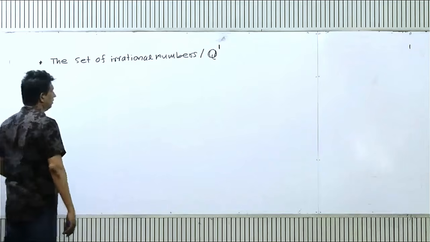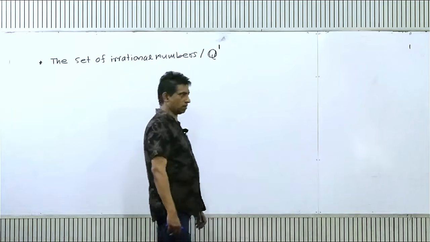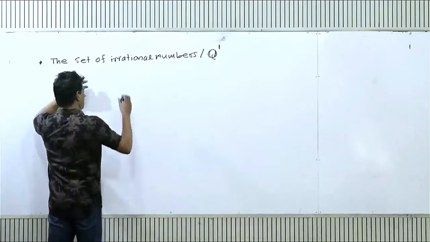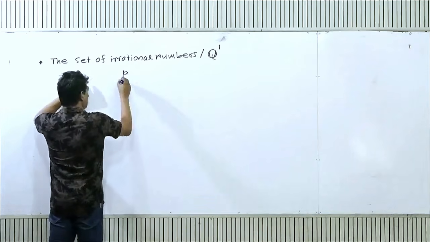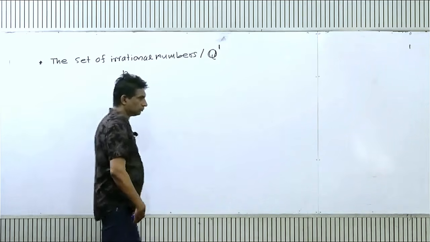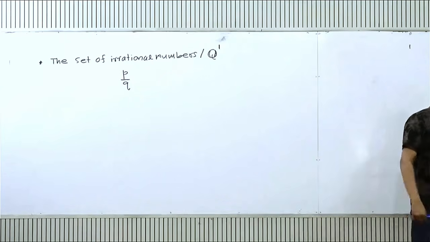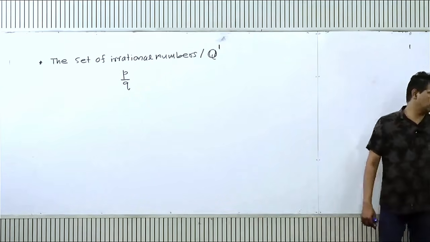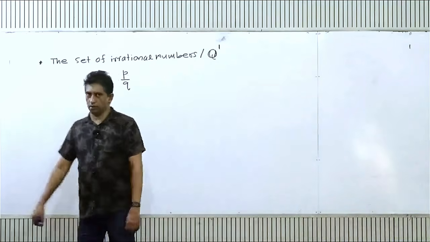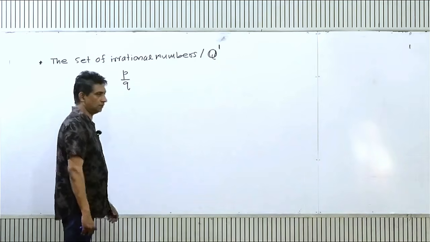Irrational numbers mean there are some numbers that we cannot express in this way. If there are some numbers that cannot be expressed in this way, these numbers are named irrational numbers.